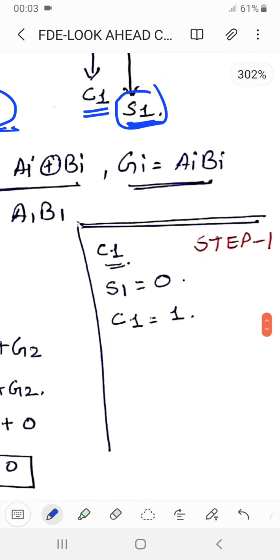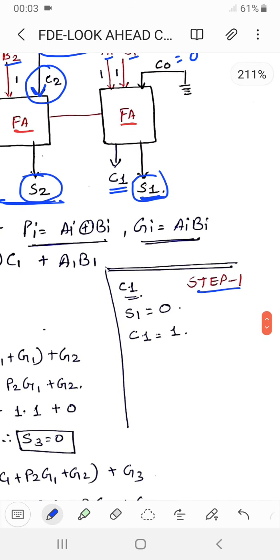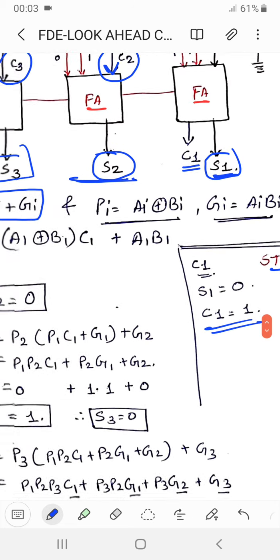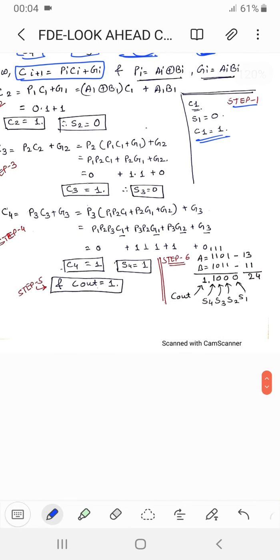So in the first step, we are doing the summation and we are generating the carry. This is the first step. So let me check the example.